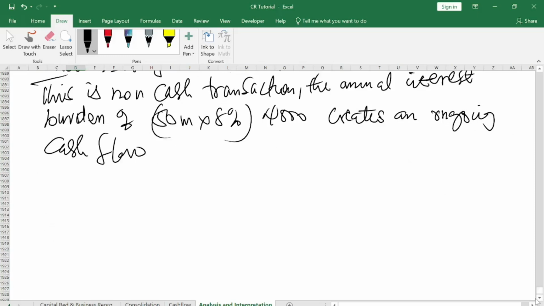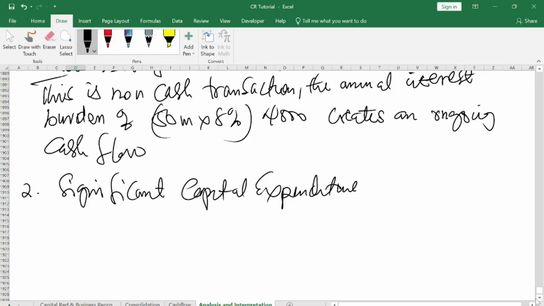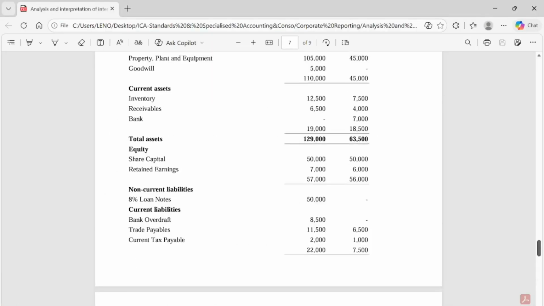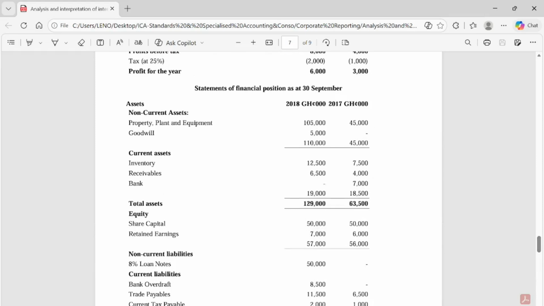So that is one. So two, what can you see? I can also see significant capital expenditure. Now let's look at what I mean by significant expenditure. Look at the balance sheet or financial position of the company. In 2017, we were having 45,000, and now it has ballooned to 105,000, a rise of about 60,000. You understand?